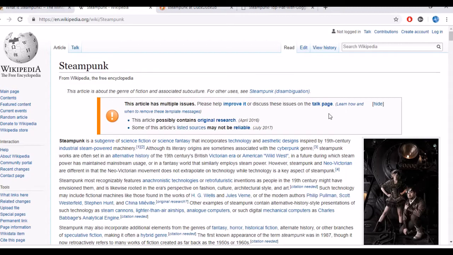However, steampunk and neo-Victorian are different in that the neo-Victorian movement does not extrapolate on technology, while technology is a key aspect of steampunk. Neo-Victorian? Does it even exist? Well, I won't bother about that.